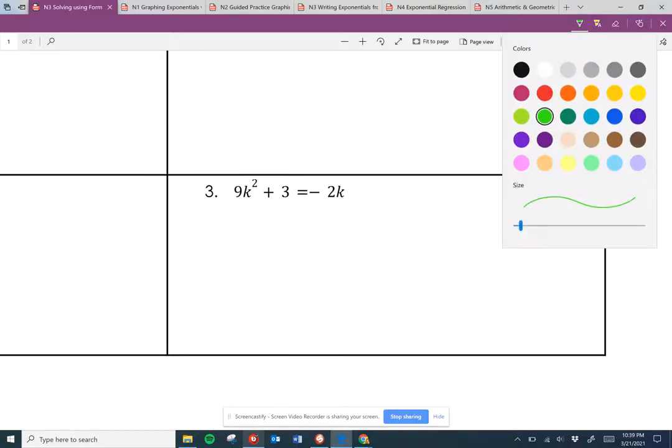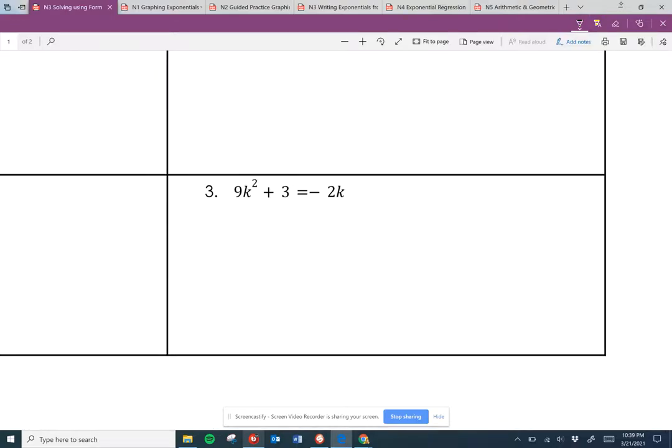You can see here this minus 2k needs to go to the other side, so we will add 2k. We're going to end up with 9k squared plus 2k plus 3 equals 0. Remember, you have to have your squared term, your regular variable, and then your constant in order for it to be in standard form.